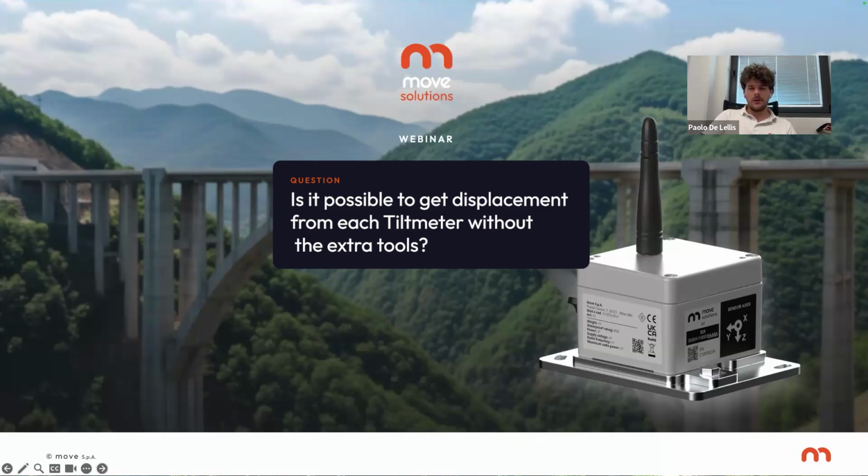If you want to obtain a displacement, you need to use one of our tools.